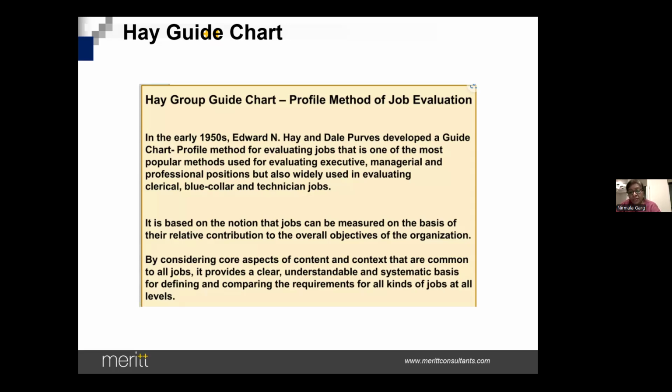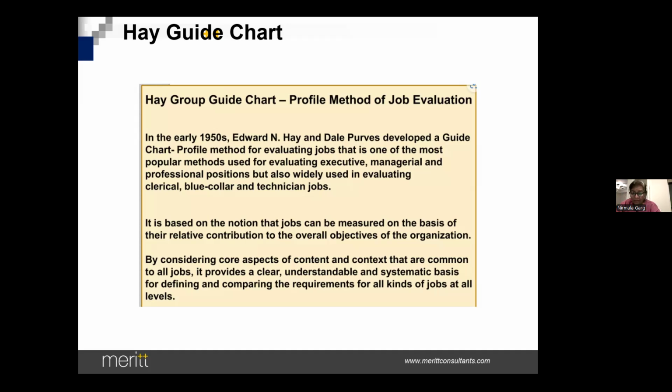So he developed this method at that point of time, to ensure that in the way we compensated jobs, the way we evaluated jobs, whether blue collar or technical jobs, there should be some kind of transparency in the way they had compensated the job. So he developed this Hay method, and the Hay method of point plan is exactly the one you learned in my previous session.